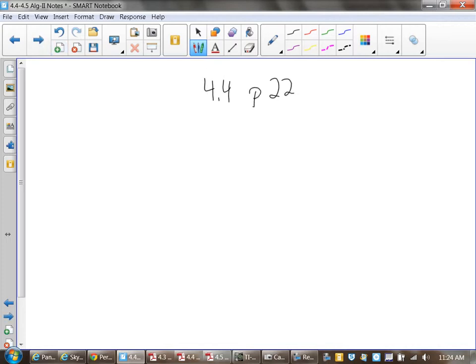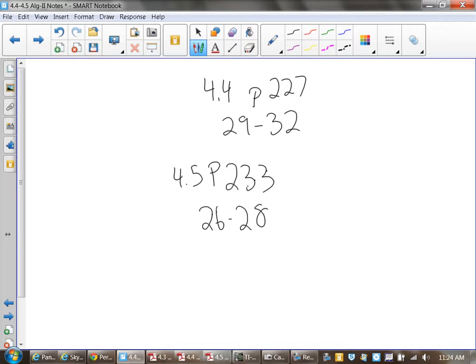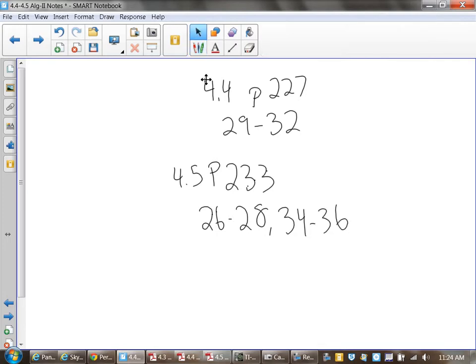Do you have a preference of hand or calculator? I want you to use the calculator on these things because I haven't shown you an inverse yet by hand. Okay?